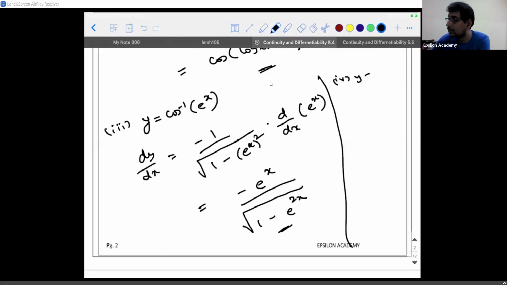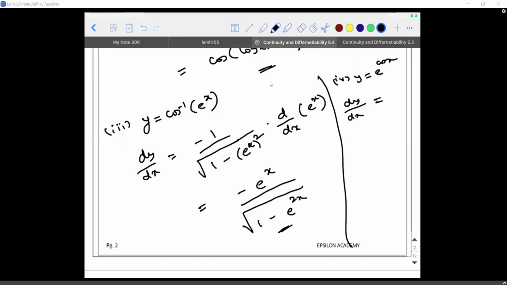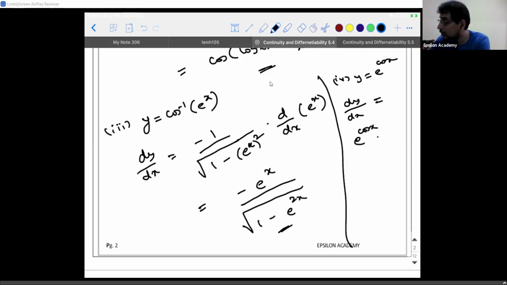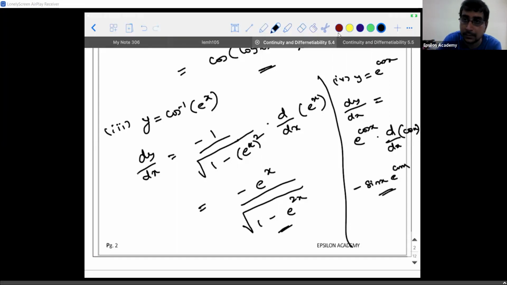Who can tell this? dy by dx is e power cos x into d by dx of cos x. The answer would have been e power x had the question been e power x, but here it is e power cos x into the derivative of cos x. So minus sin x into e power cos x will be the required answer.